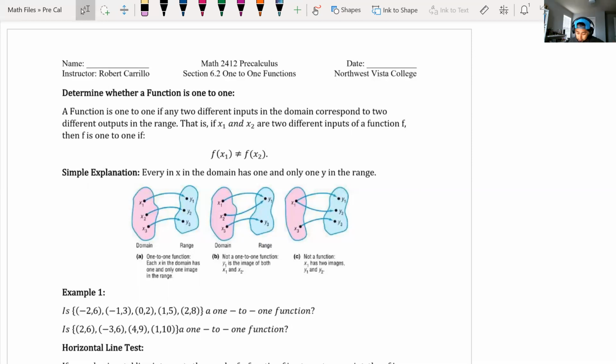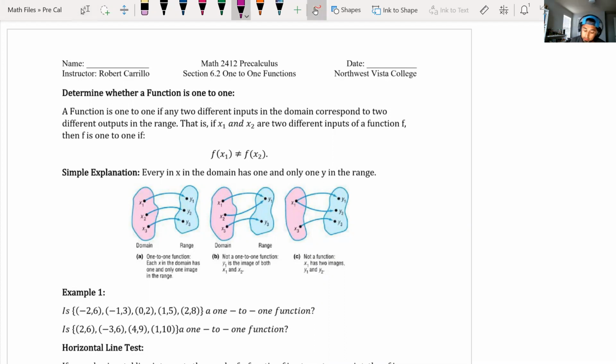So remember, to be a one-to-one function, the inputs in the domain must correspond to two different outputs in the range. So that means x1 and x2 are two different inputs of a function. So to be one-to-one, every x value has one and only one y value.